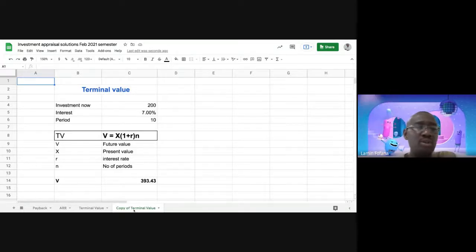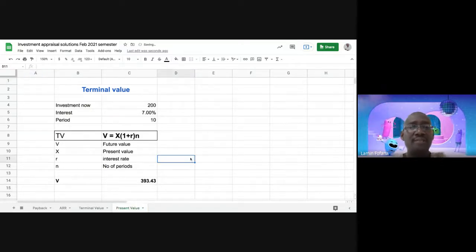Now we're going to change this to present value, so we double click this and call it present value instead of terminal value.